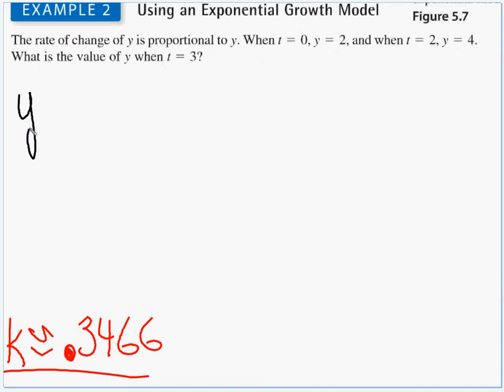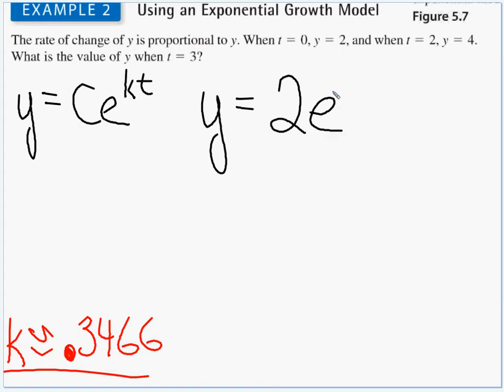So our blank formula, y equals ce to the kt power, is now y equals 2e to the 0.3466t power. So with this, we now have our model.